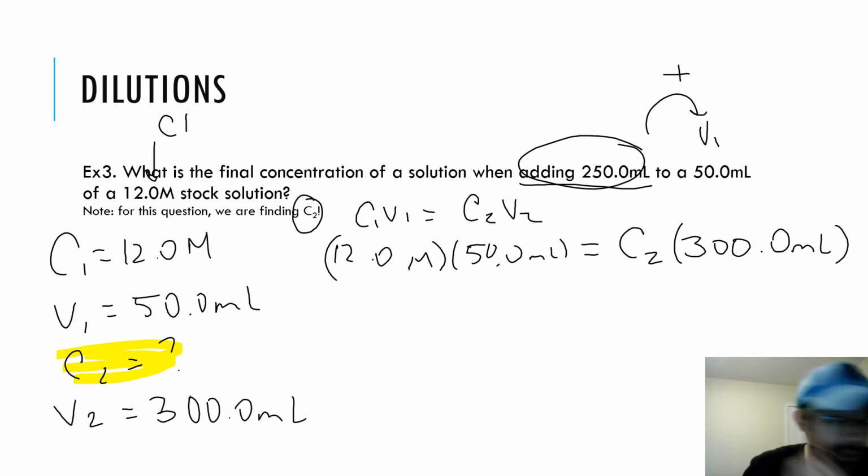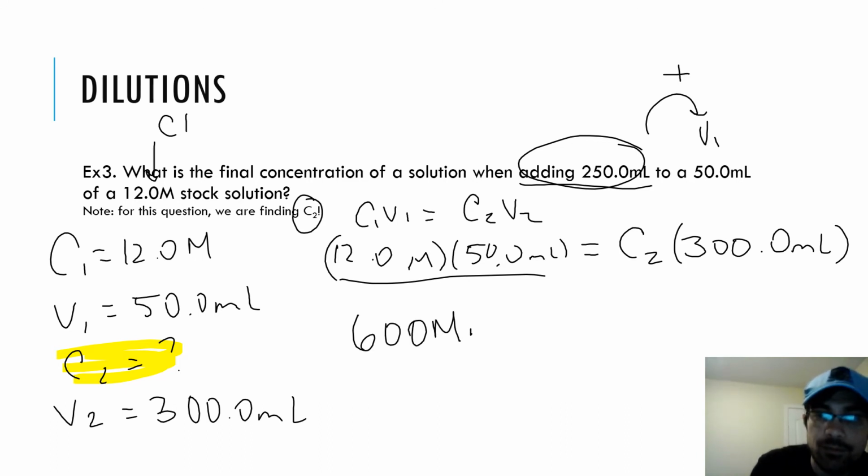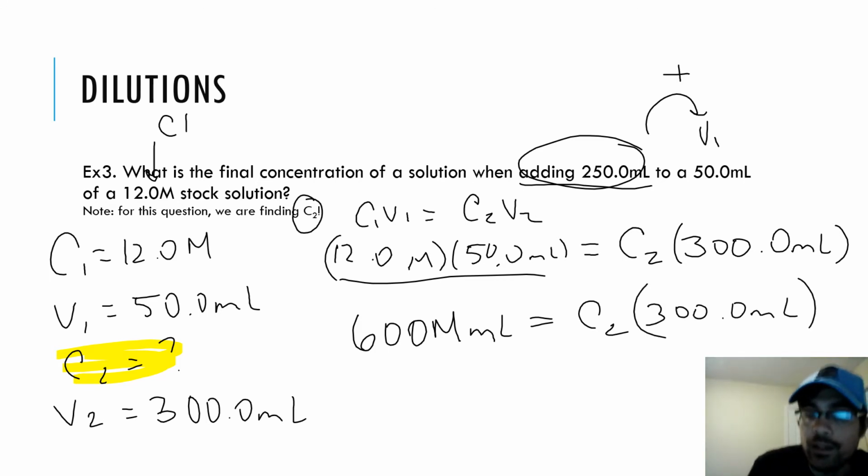Again, let's simplify one side, the one that we actually can, which is this side. So we do 12 times 50, which gives us 600 equals C2 over 300. And then, again, divide by 300, that cancels out.